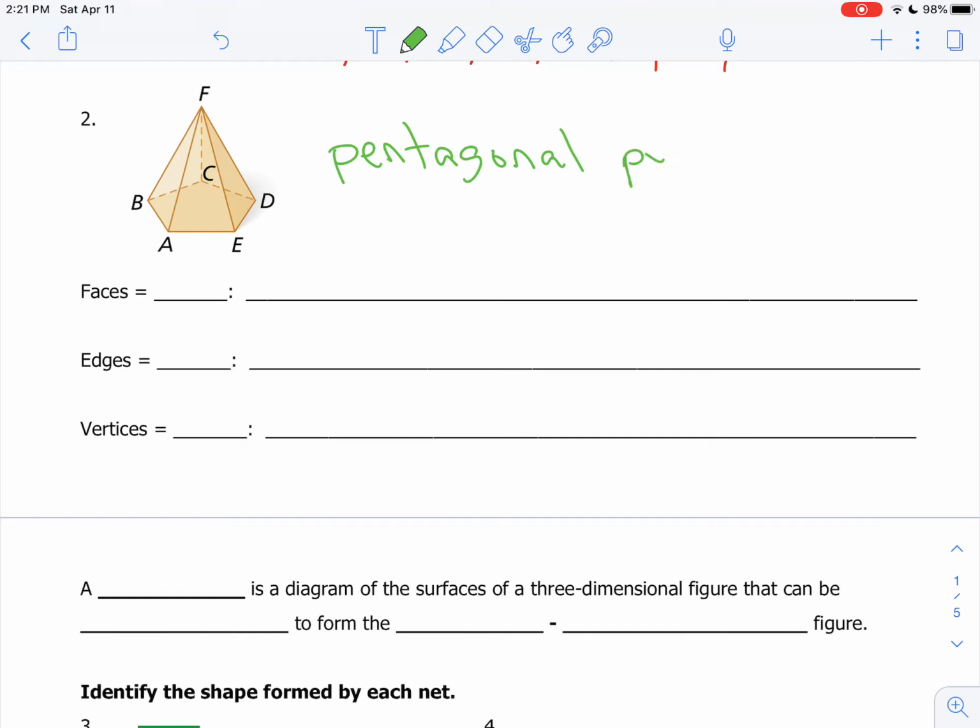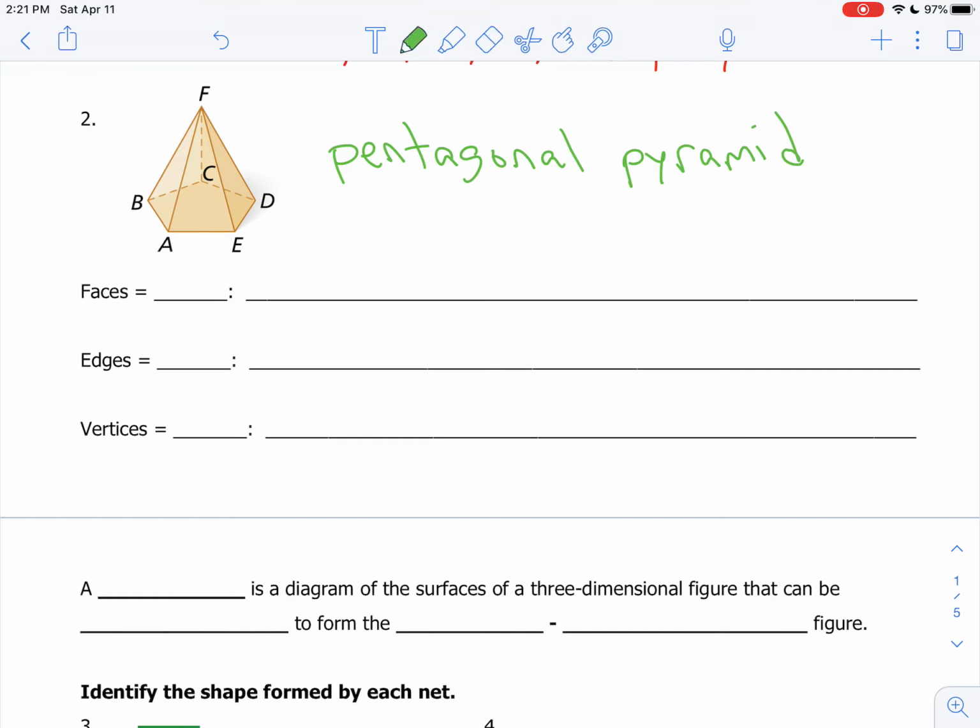And then did you say pyramid? I hope so. If not, go back to read the day 1 notes and practice a little bit more. A lot of my ELL students over the years have a little trouble with the language, and so they actually just call it pentagon pyramid or pentagon prism. And that's okay. I don't get too picky as long as you know the right shape and the right name.